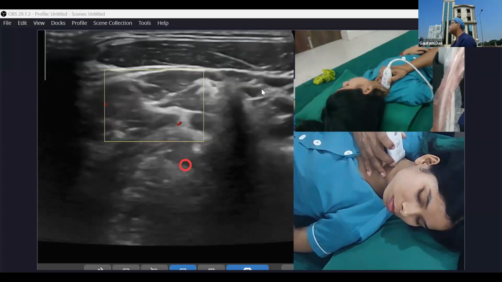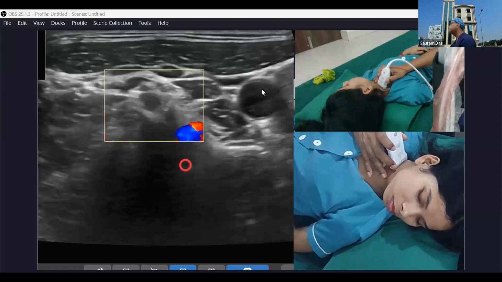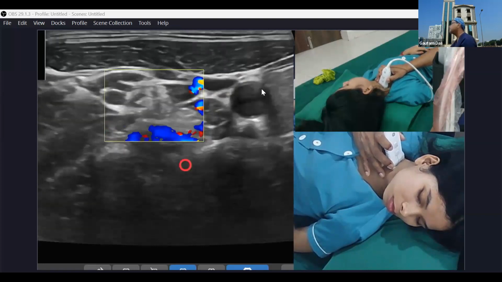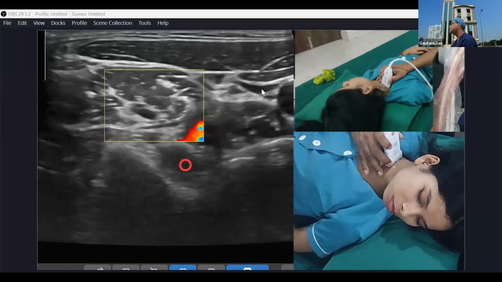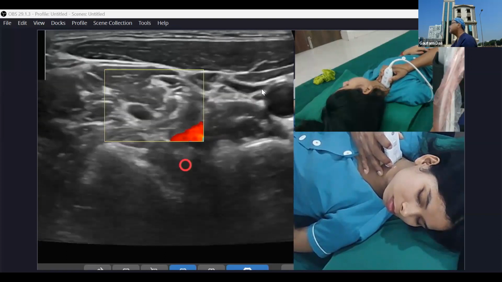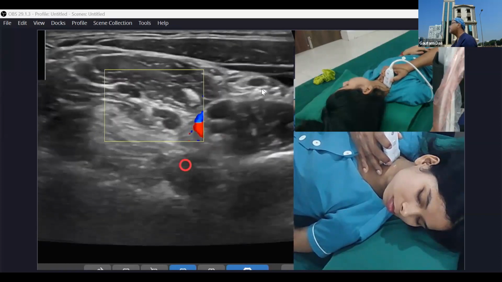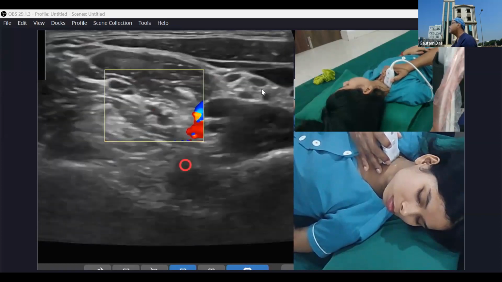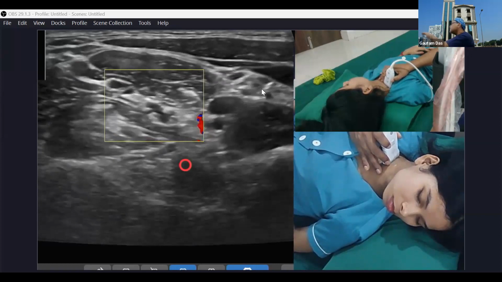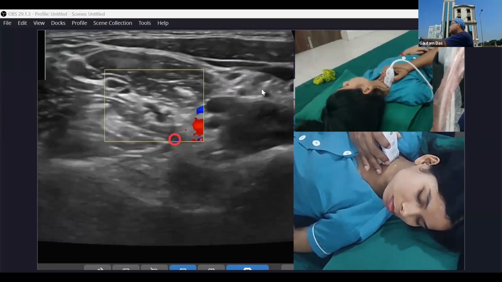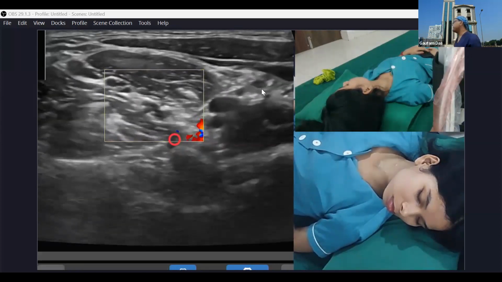Sometimes you do not pick up color. There are very tiny black dots beside it. I'm freezing it. So this was the nerve root, and just beside that there is a blood vessel accompanying the nerve root. So be aware of those when we are injecting.